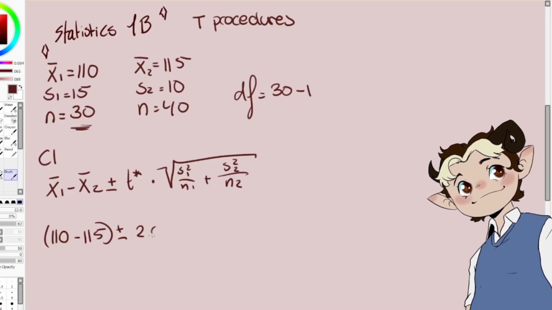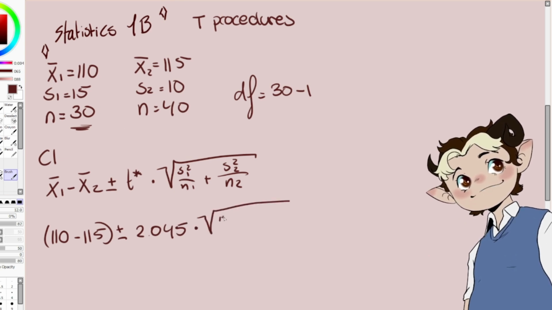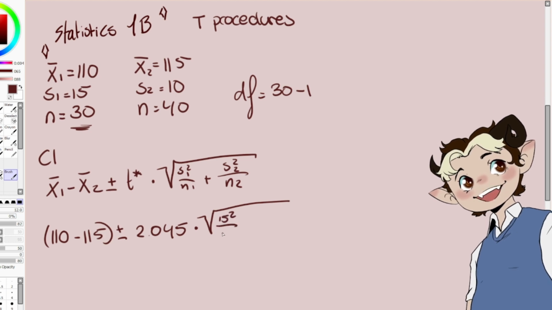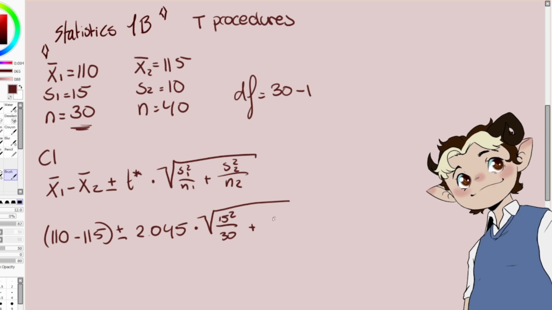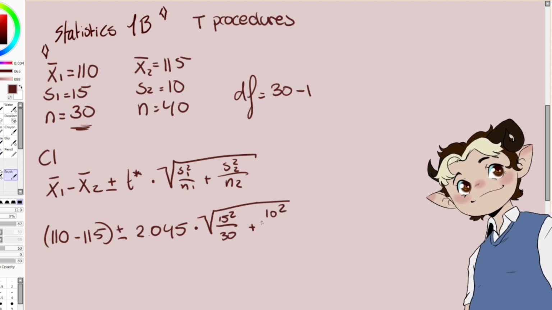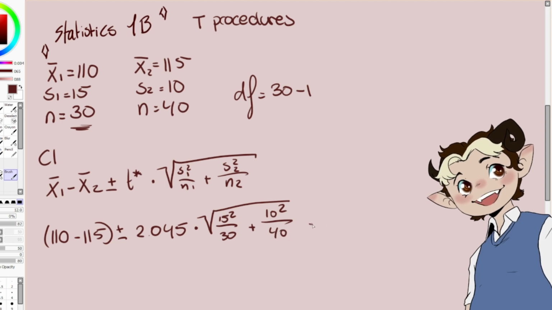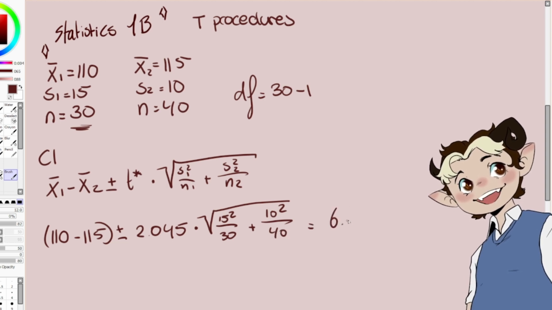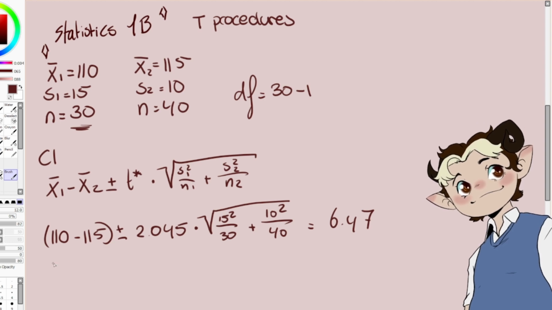So it's 2.045 times the square root of standard deviation 1 squared divided by 30 plus standard deviation 2 squared divided by 40, and you get 6.47.